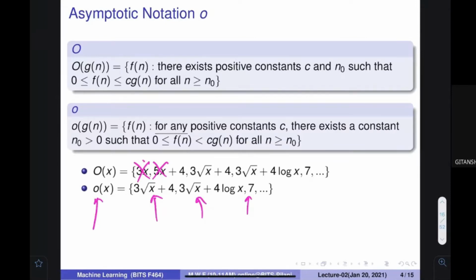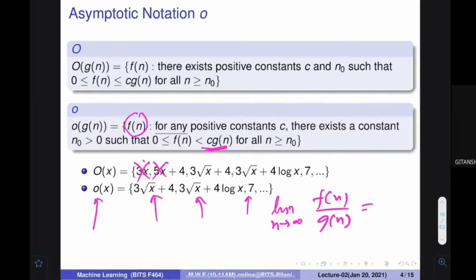One thing you should understand is that if the function fn is actually always smaller than gn, so which is the larger set? gn. So if I divide fn by gn, I am going to get a number that is less than 1. If I find the limit as n tends to infinity, what will be the value?